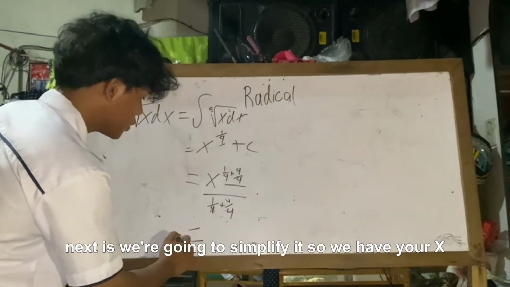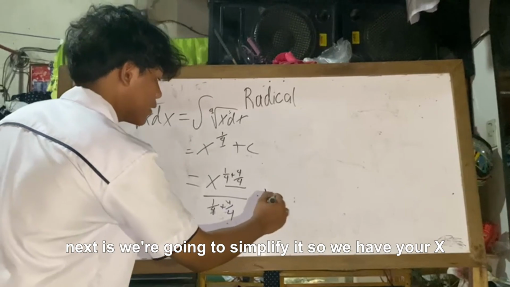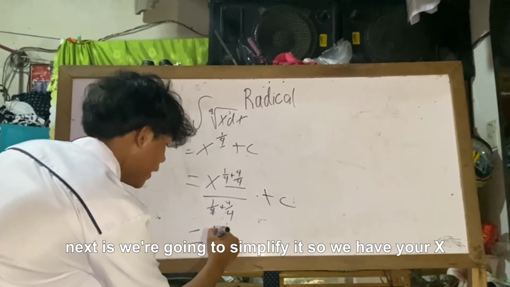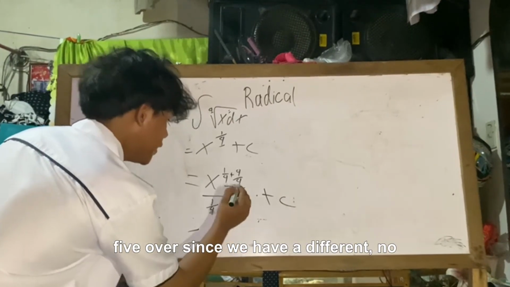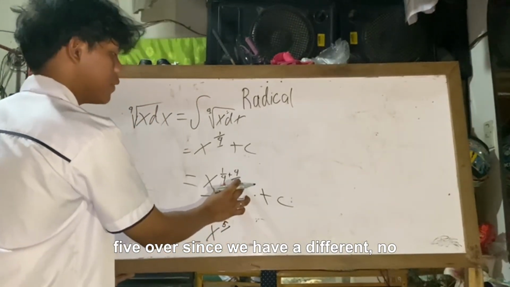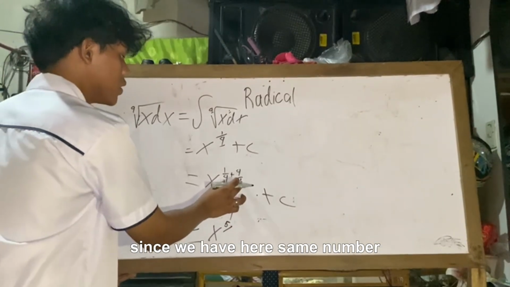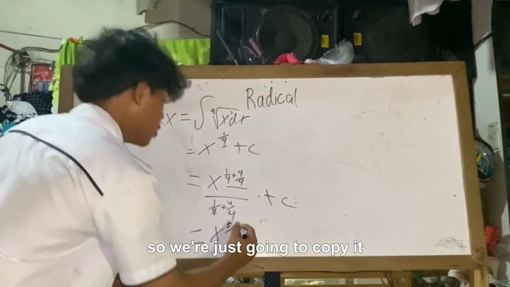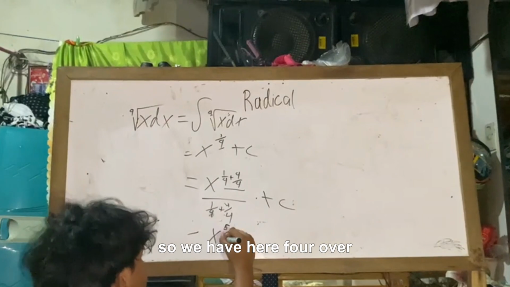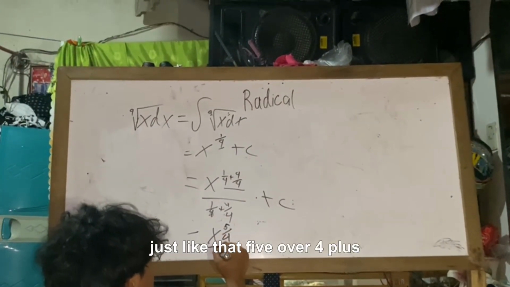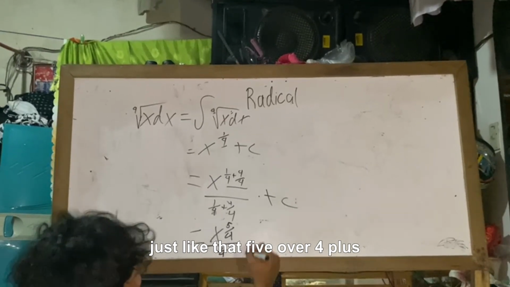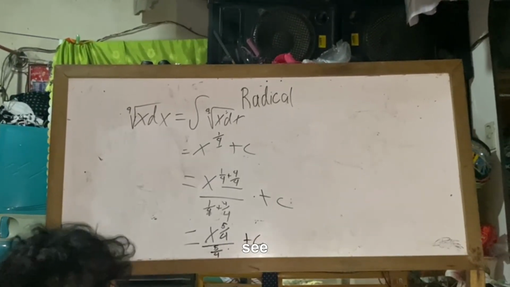Next is we're going to simplify it. So we have here x to the 5 over 4, over 5 over 4, plus c.